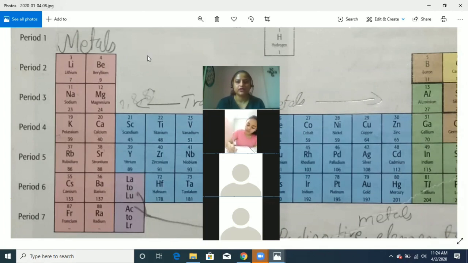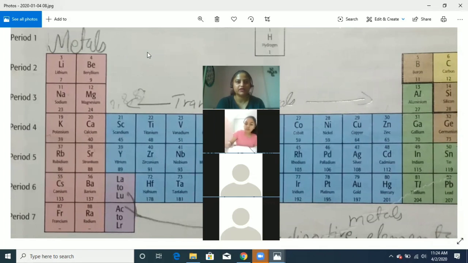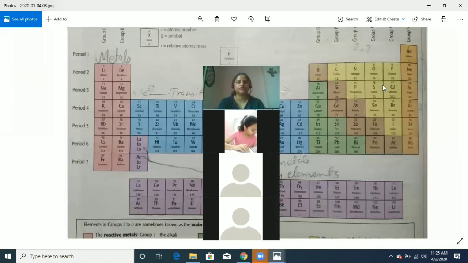Now, one question arises in your mind: how have we arranged the elements in groups and periods, and why have we left space between Be and B, beryllium to boron, magnesium to aluminium, and kept a few elements before these groups?